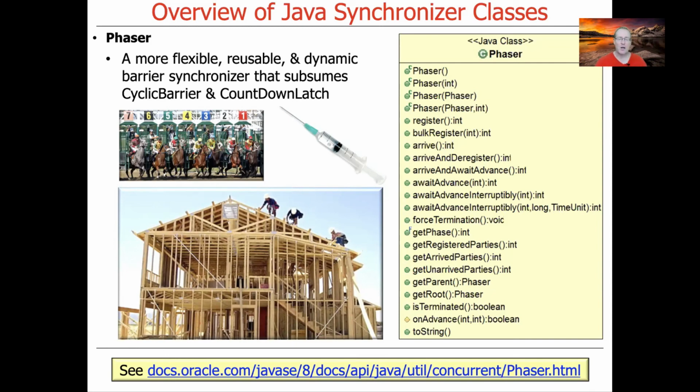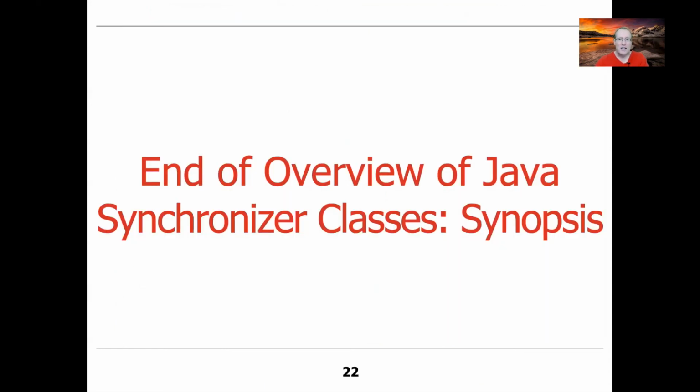Then after the frame is put up, you might have a bunch of people who come along and do the wiring or the plumbing or the roofing or the bricking or whatnot. And there may be different numbers of work crews who have to coordinate to do their task. So a phaser gives you a more dynamic and flexible way of coordinating different groups of threads that work together in some common goal. So that's the end of the quick overview of Java synchronizers.